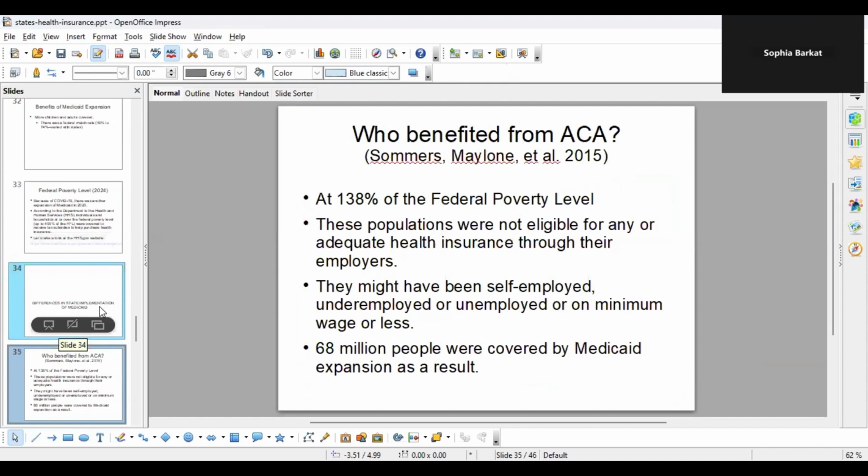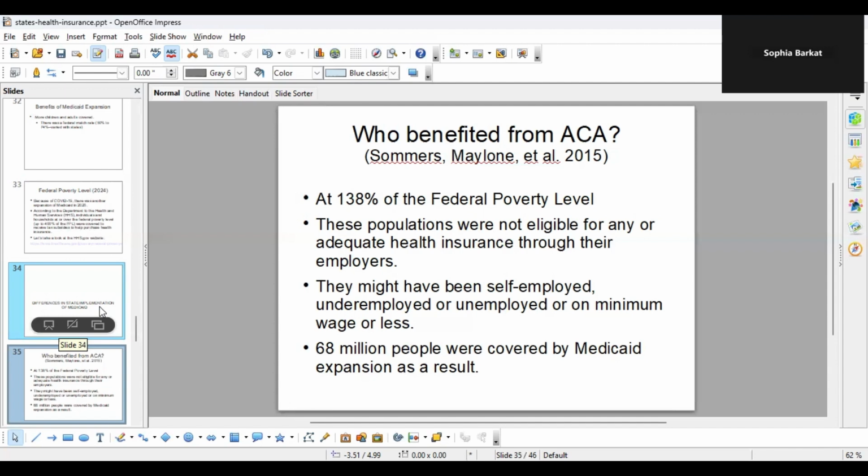So, who benefited from the Affordable Care Act? We know that families that are at 138% of the federal poverty level are covered. These populations were not eligible for any or adequate health insurance through their employers.